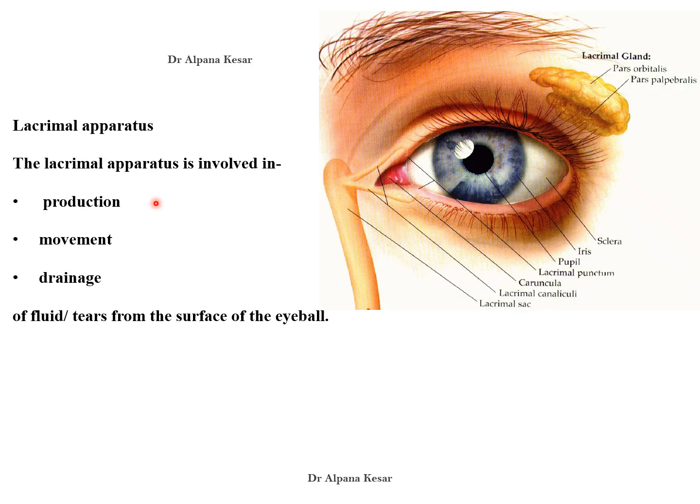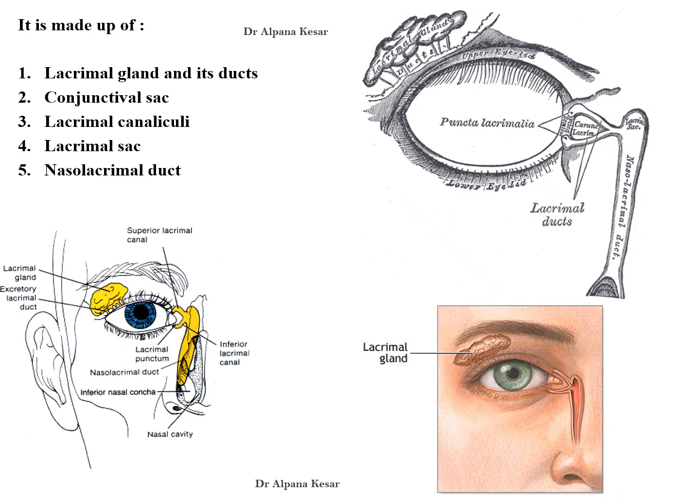The lacrimal apparatus is involved in the production, movement, and drainage of tears or the lacrimal fluid from the surface of the eyeball. The components of the lacrimal apparatus are the lacrimal gland and its ducts, the conjunctival sac, lacrimal canaliculi, lacrimal sac, and the nasolacrimal duct.